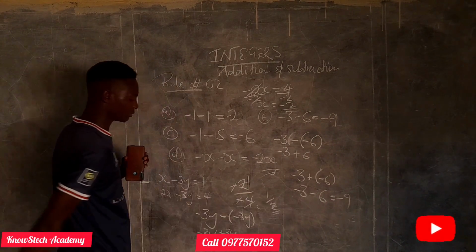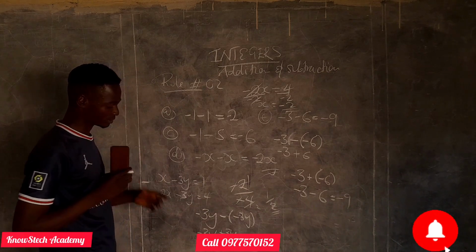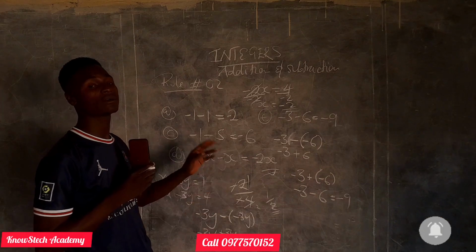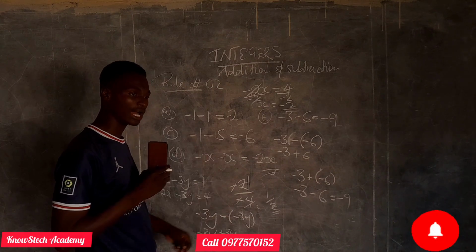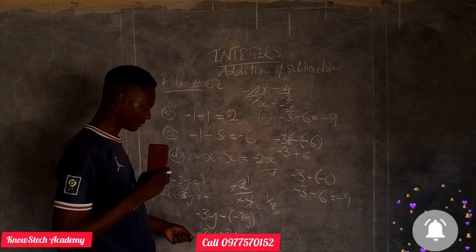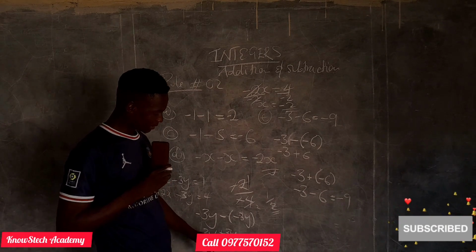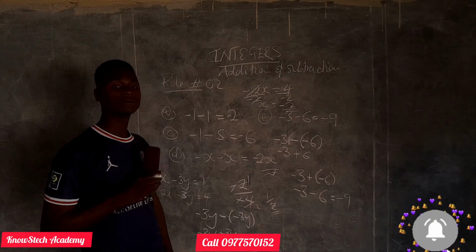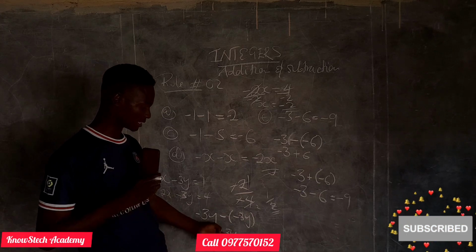This will give you 0. Why? Because the first rule states that when you have two numbers with different signs, subtract, then get the sign from the bigger number. If they're just the same, then the answer is 0. Look at this. 3 minus 3 is 0. You can never have negative 0. I mean, you can't have negative 0.